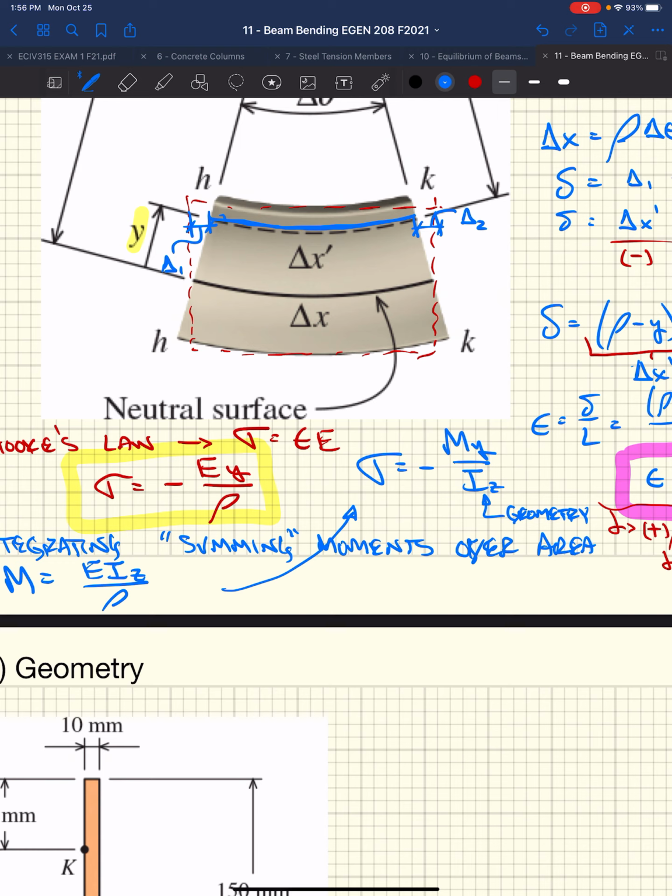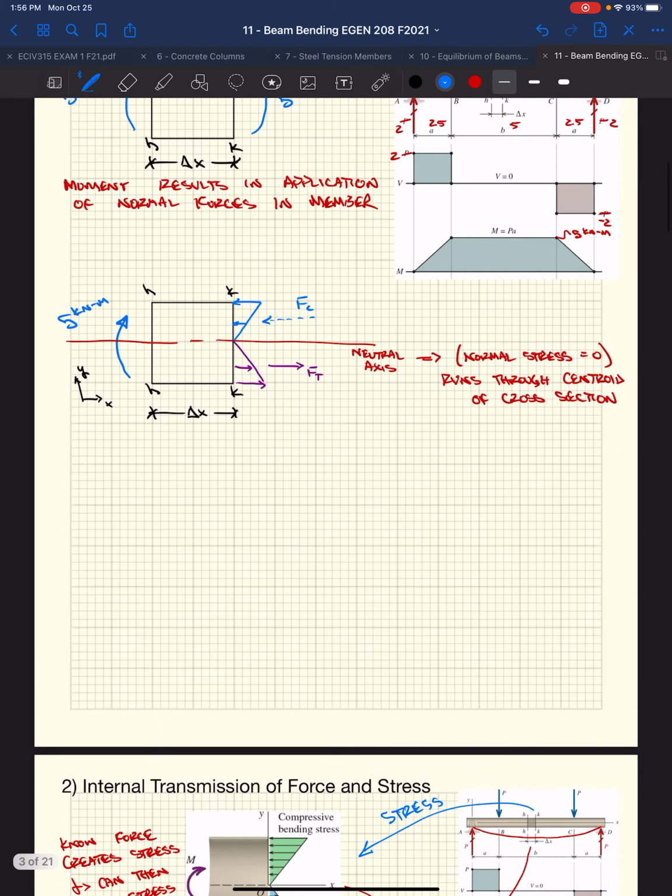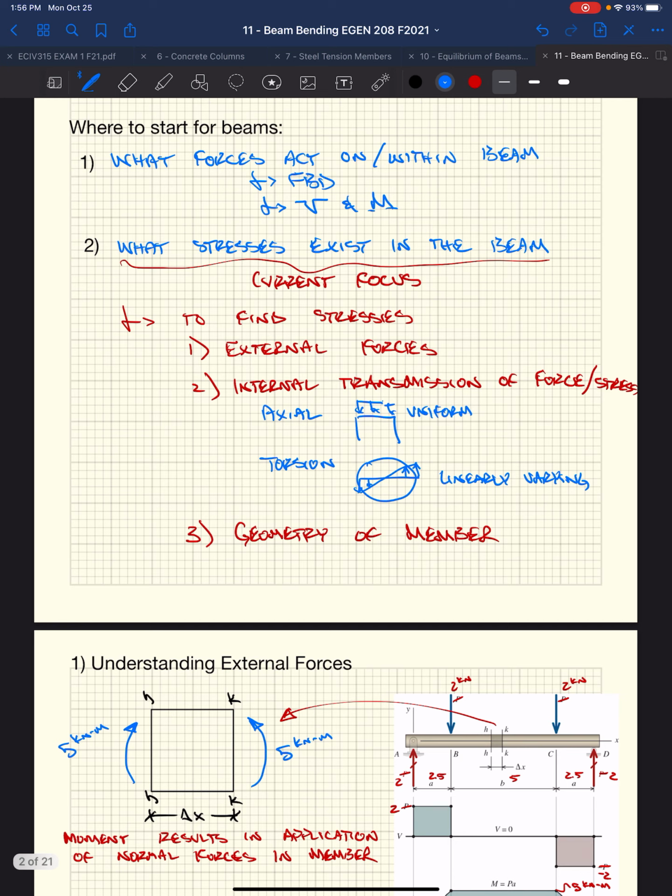As I mentioned, we had external forces, internal transmission of force, and stress. We just figured out that we have this linear change in stress, My over I. So for a given applied moment and a given cross-sectional stiffness, or moment of inertia, our stress is linear from our neutral axis outward as a function of how far out we are from that neutral axis.